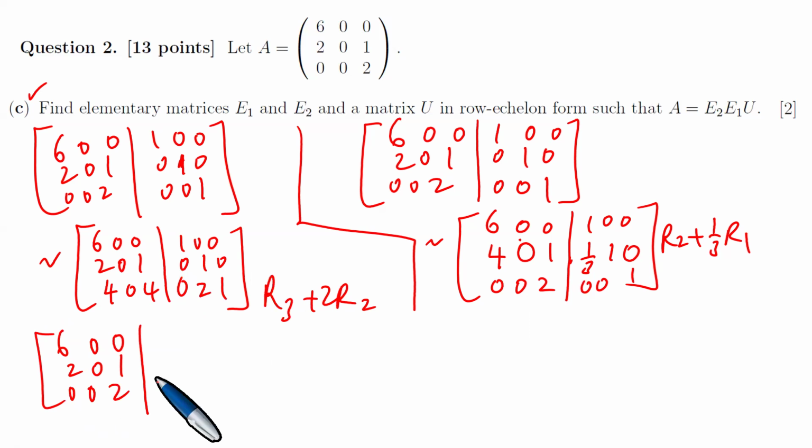You want to make it upper triangular, so you need to reduce the matrix A.